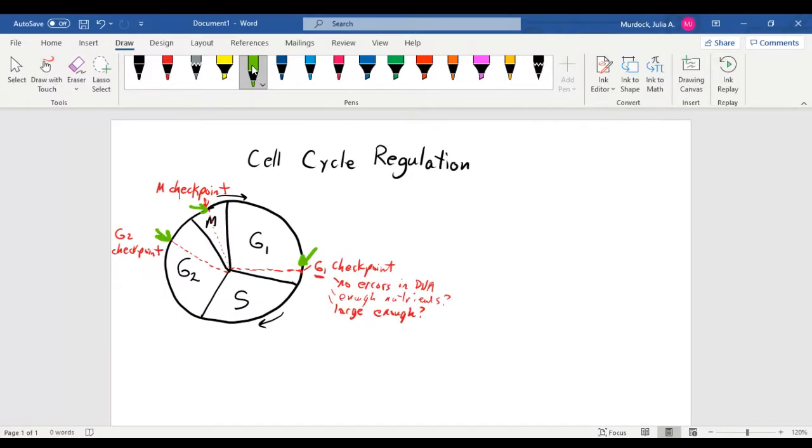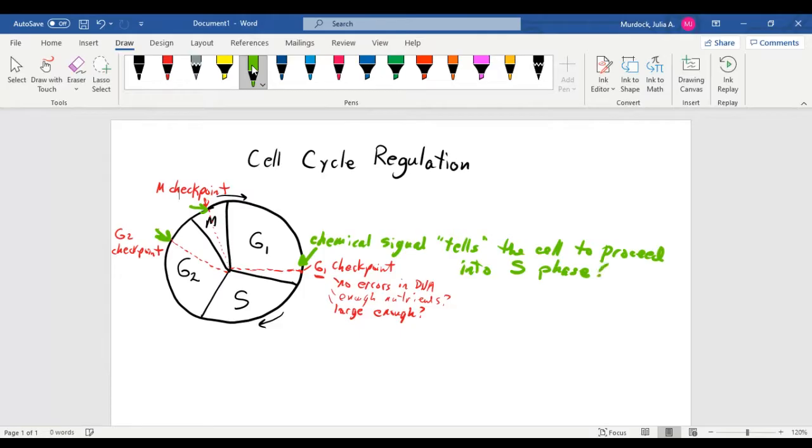Okay, but we're going to stick with G1 and chemical signals in general. The chemical signal, I'm going to use simple language, tells the cell to proceed, in this case into the S phase, which does mean that it's committing to division.